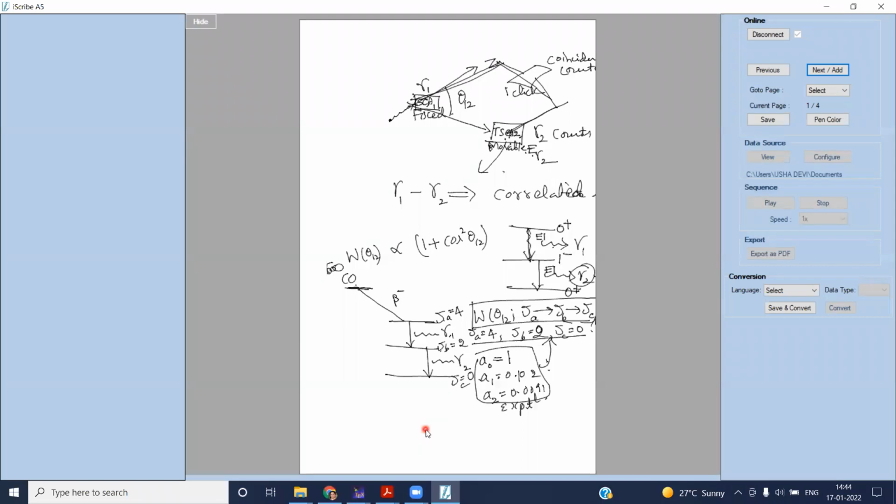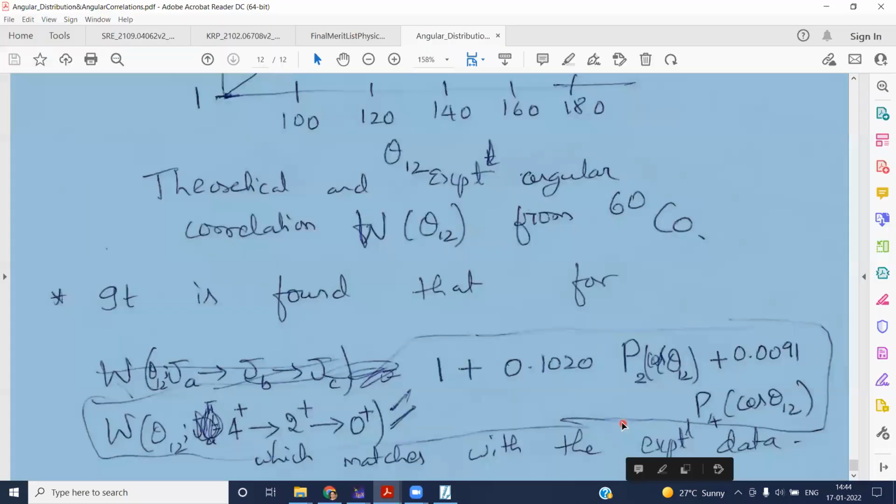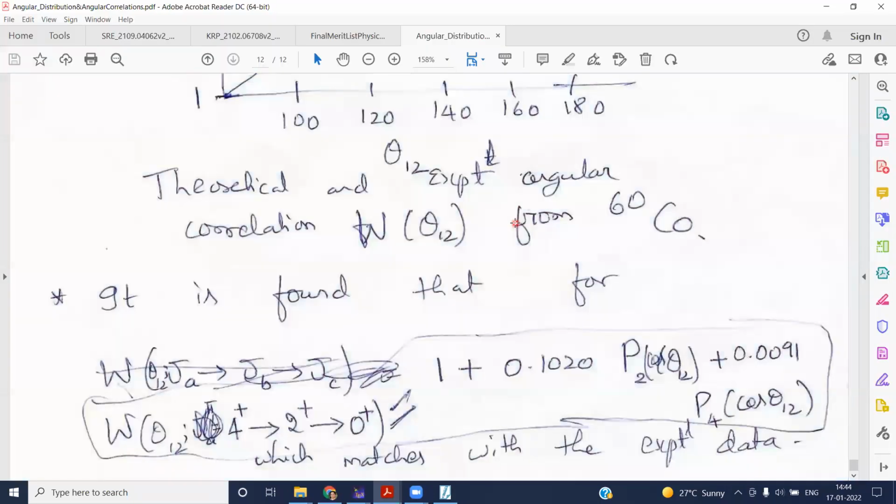That is kept in the next semester for your experiment. So you have to remember this. So that is a part of angular distribution and angular correlation studies.